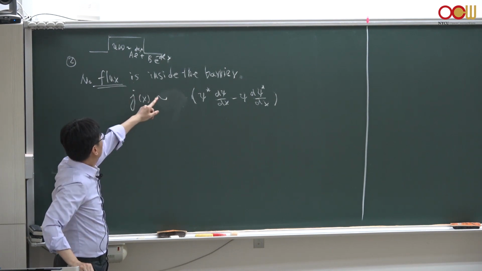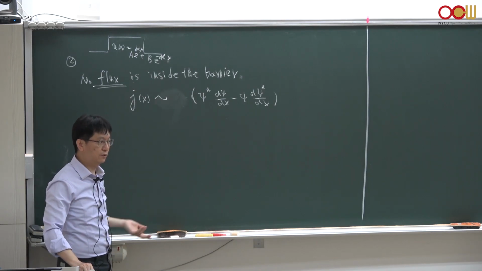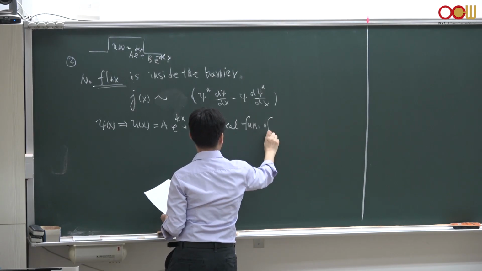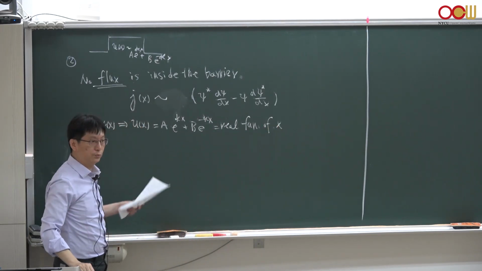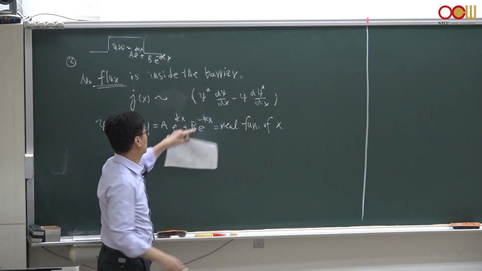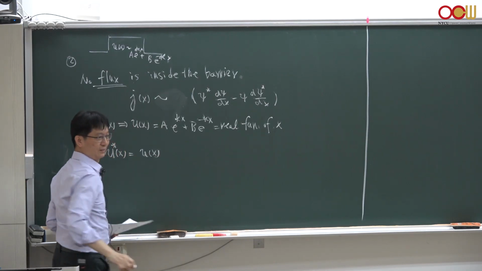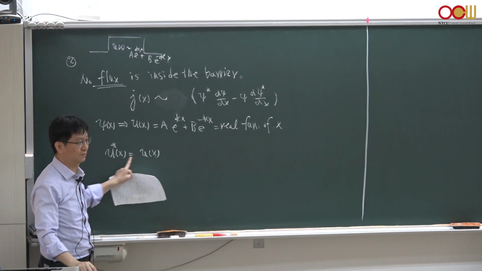Right, but this psi here inside the barrier is a pure real function of x, right? So for a real function, if you take the complex conjugate of this real function, you don't change anything. So it is the same as before, right?